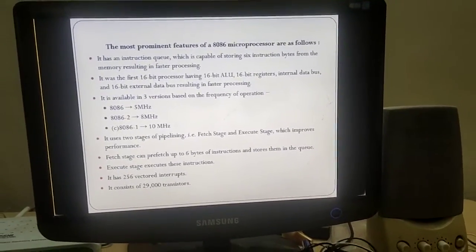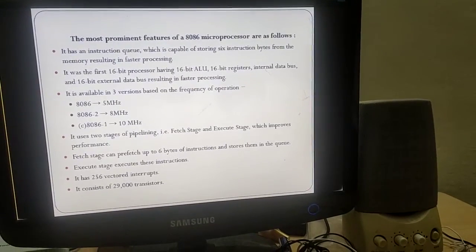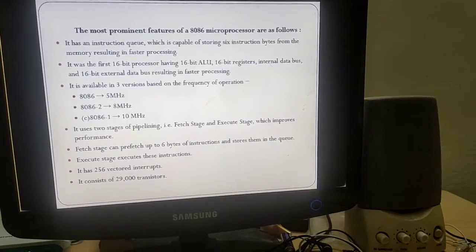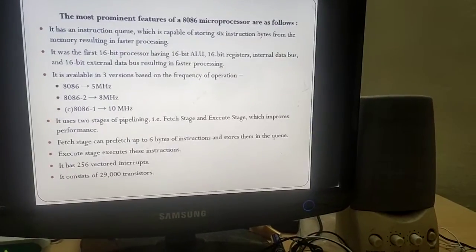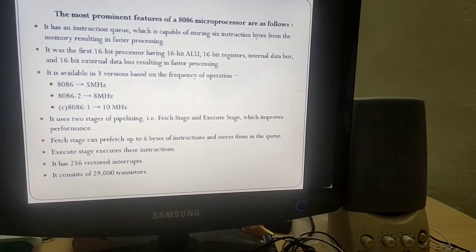It is available in 3 versions depending upon the frequency of operation, that is 5 MHz, 8 MHz, 10 MHz. And also it uses 2 stages of pipelining, that is fetch and execute stage.